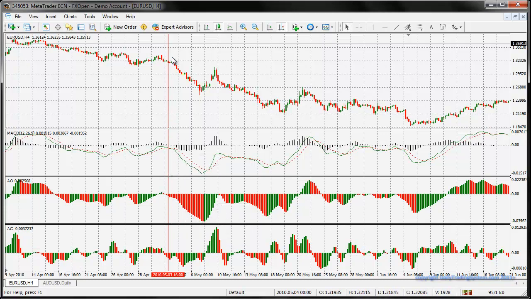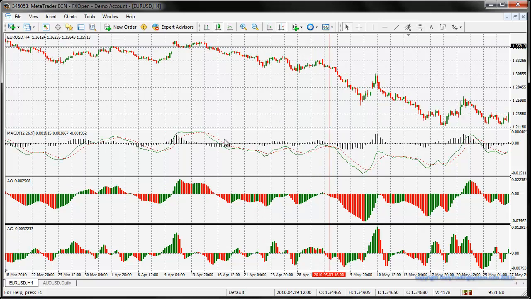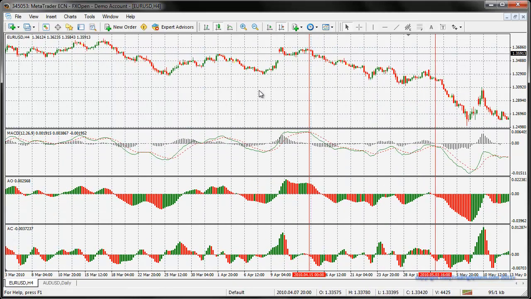It crosses, so you can go short there. Here's another crossover, but it doesn't cross right at that point, so you don't really want to go short there, even though it does come down. However, the AC oscillator says it's okay, so you could have taken that indication to go short as well.